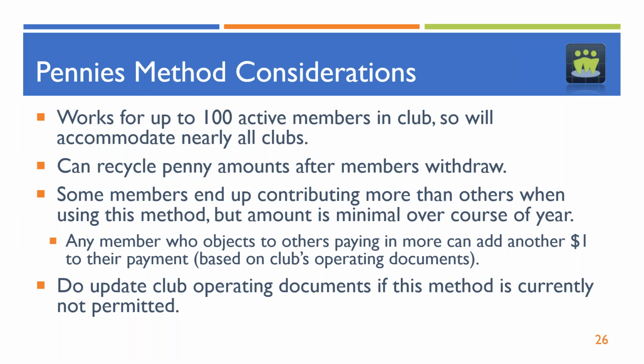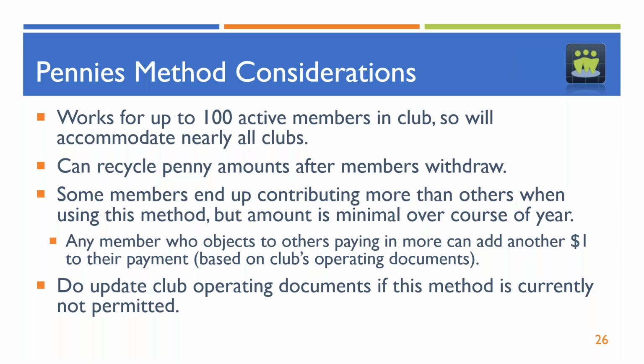But anybody who really objects to it, and thinks that somebody else is getting more by appending more pennies to their monthly member payment, can simply add $1 or $5, and maintain their primacy if that is their desire.